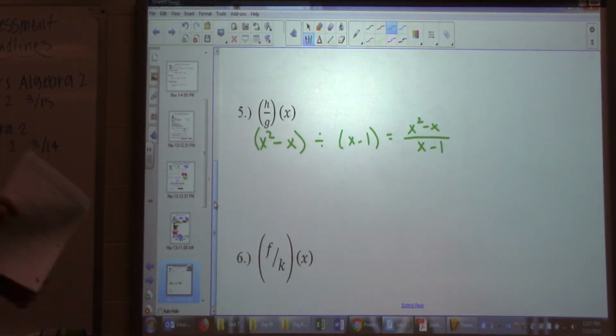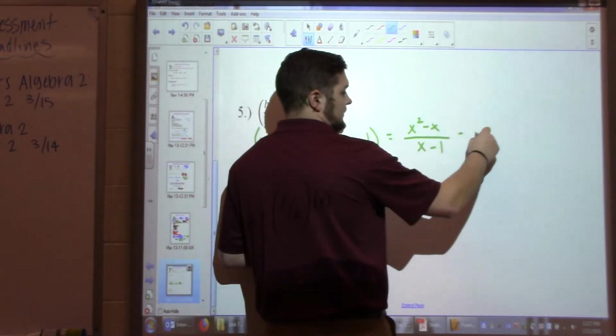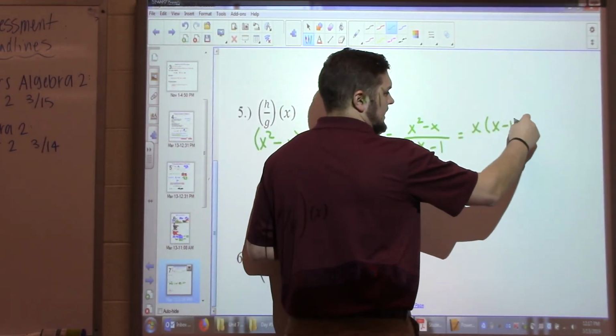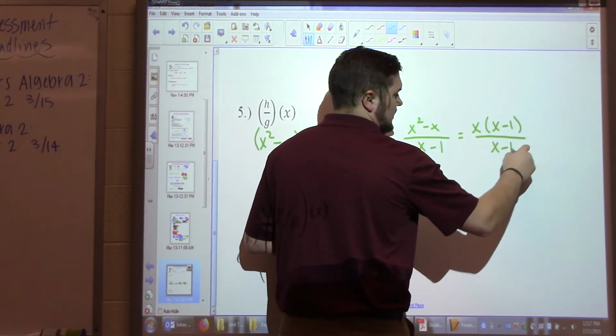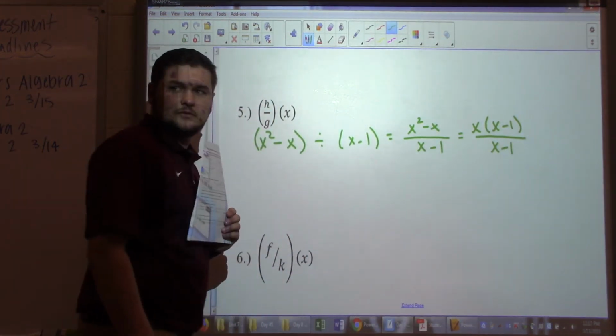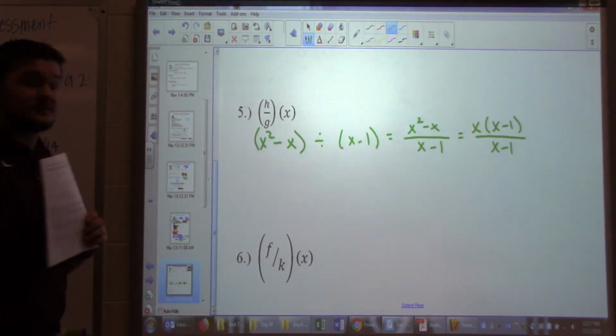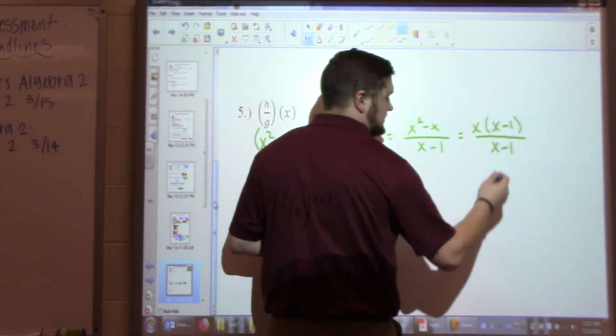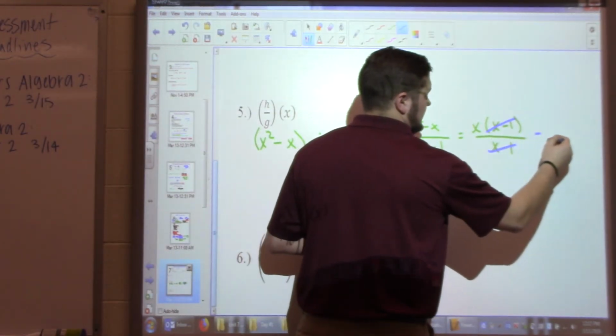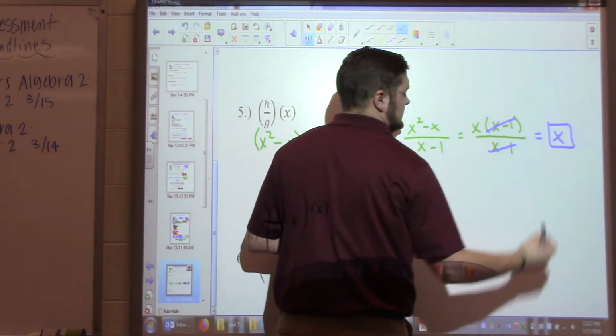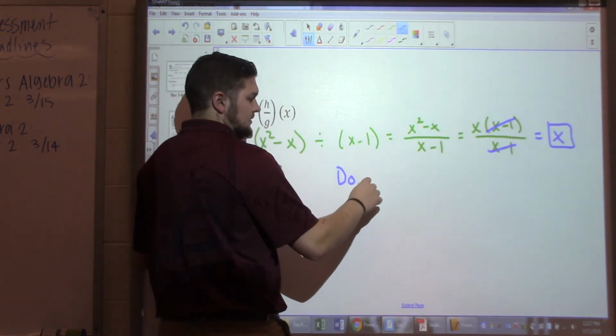Factor an x out of your numerator. Turn this into x times x minus 1 over x minus 1. Right? Our x minus 1's cancel. So we just get x. This equals x.